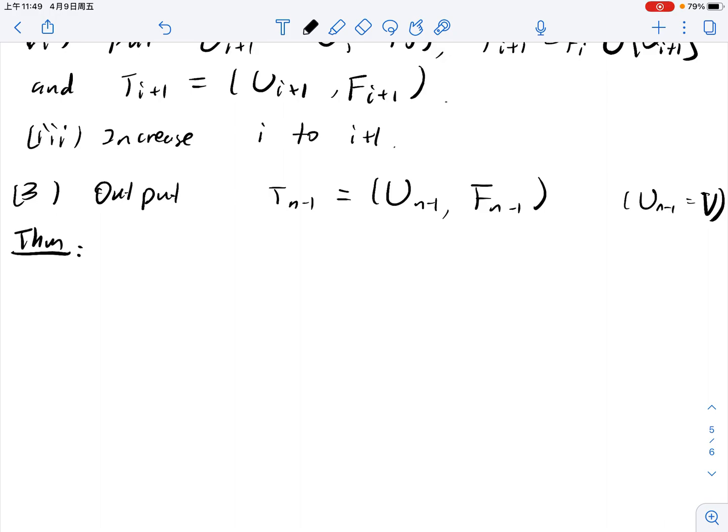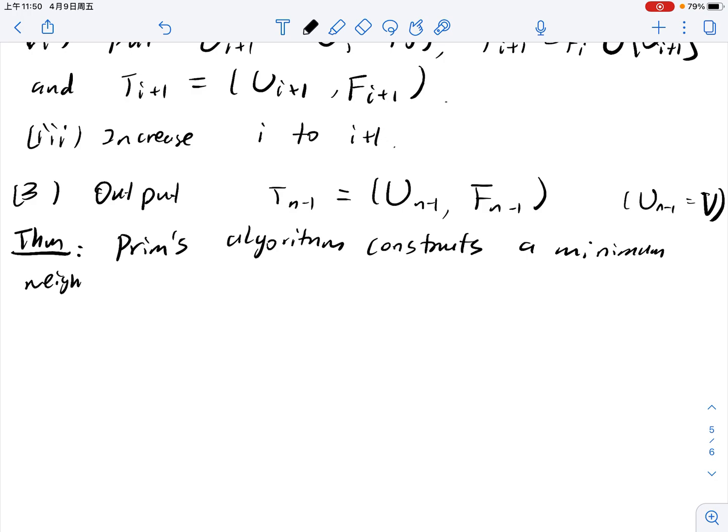Okay, and then you can guess we need to prove that Prim's algorithm constructs a minimal weight spanning tree.